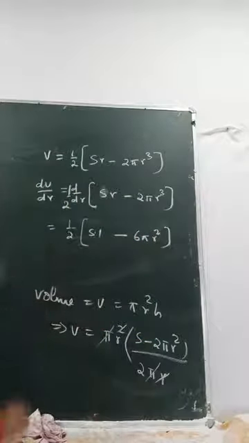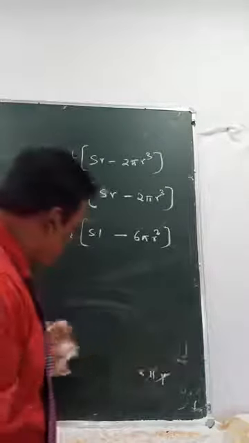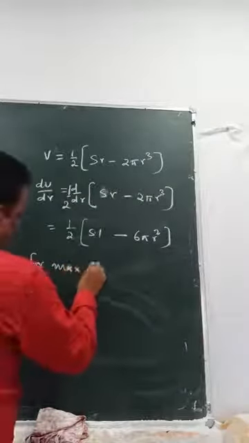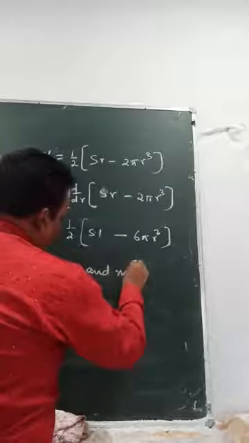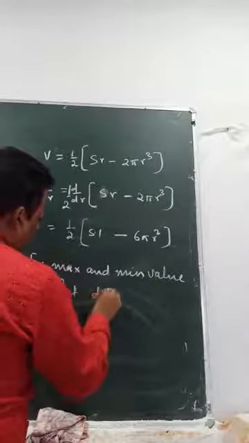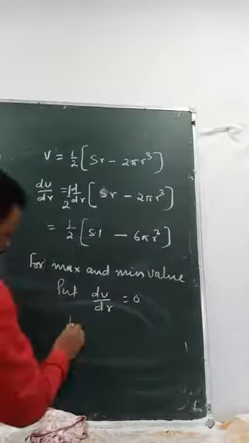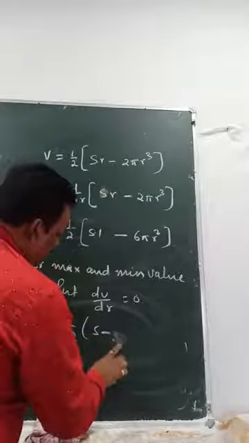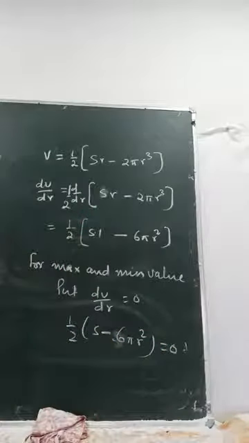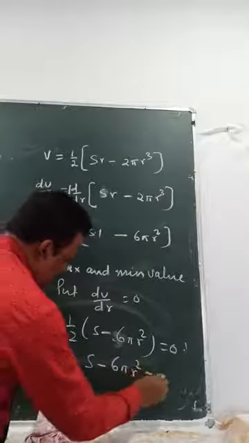This is dV by dr. Now for maximum and minimum value, put dV by dr equals 0. That means half S minus 6 pi r square equals 0, so S minus 6 pi r square equals 0.